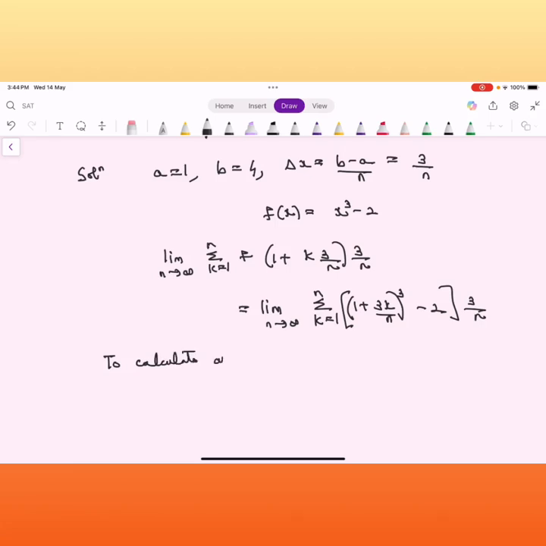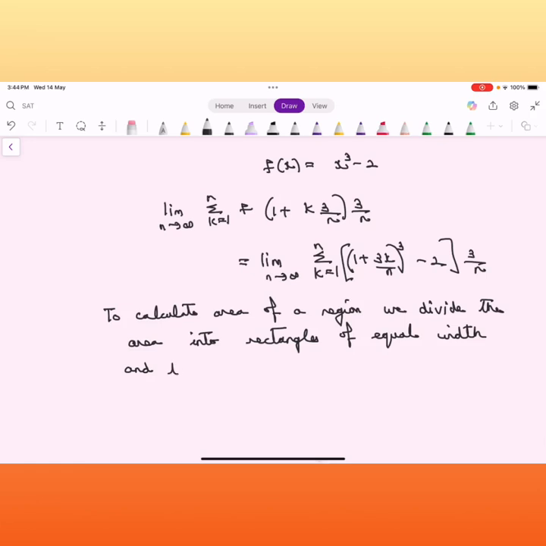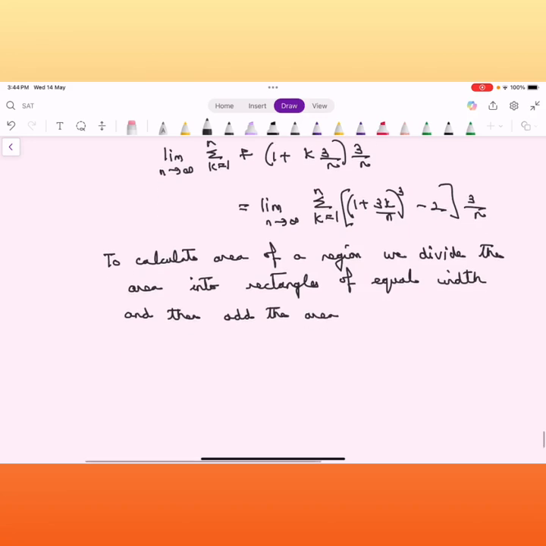So to calculate the area of a region, we divide the area into rectangles of equal width and then add the areas. So when we do that, we have the left sum here.